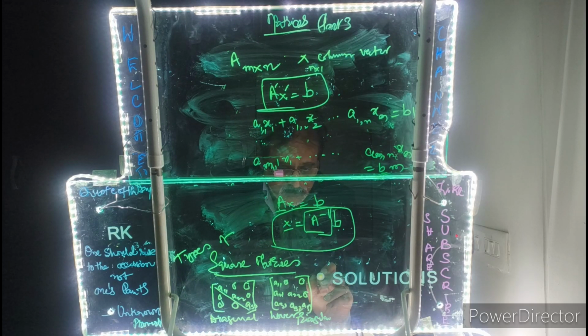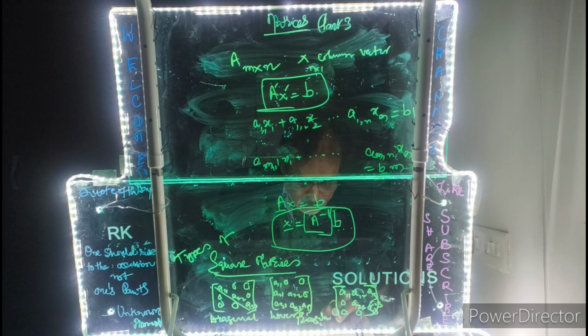There can be one more, which is like a11, a12, a13, a22, a23, a33, with zeros below.